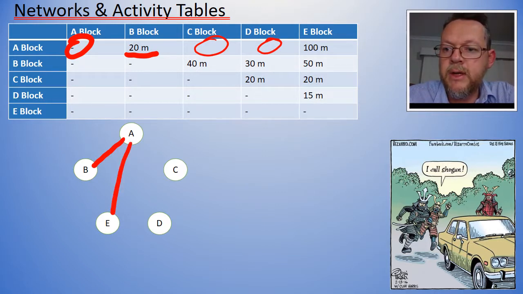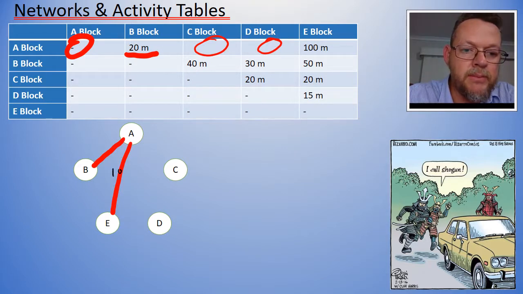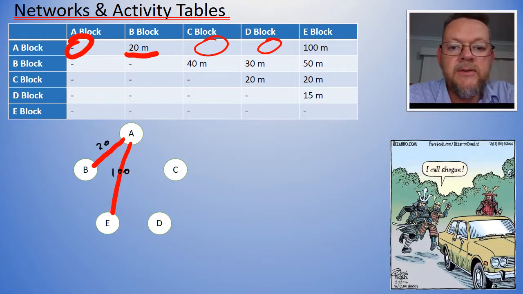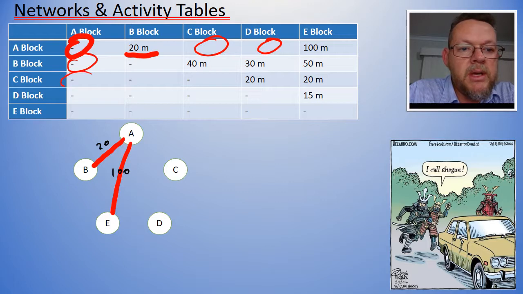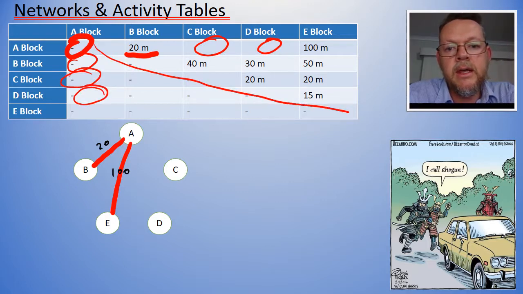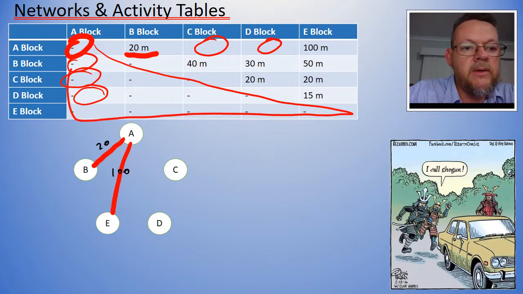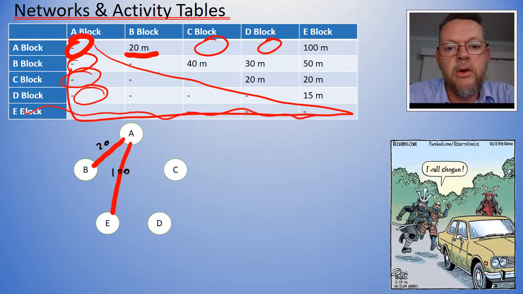And I'll write the distance in a different color, seeing that's both black. And I'll put that one in as 20 as well. So an activity table, as I have said, is a list of activities. Now, you'll see that if I need to repeat myself, I've just left it blank. So all of these down here are left blank. In fact, I could leave this line out altogether.